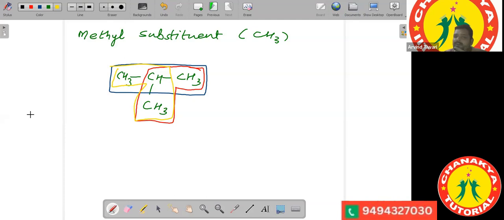Now, in the first case, we choose this one to be the parent chain, and in this parent chain we start marking the carbon atoms from either side.